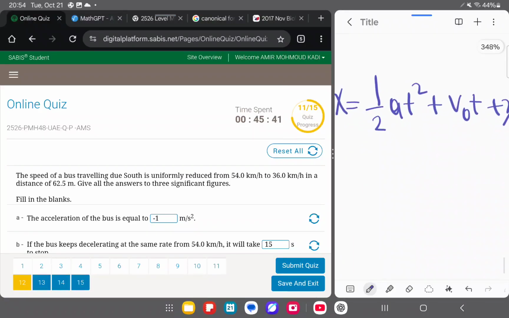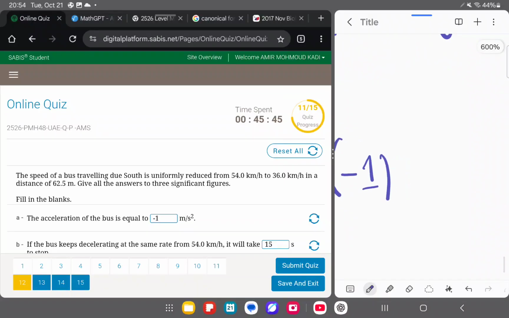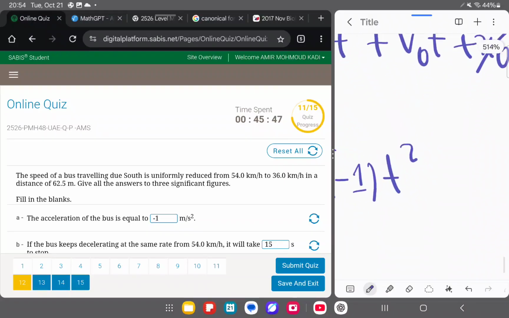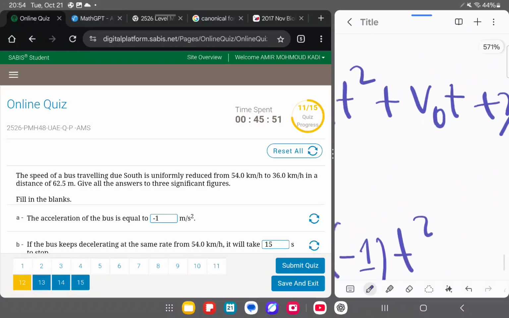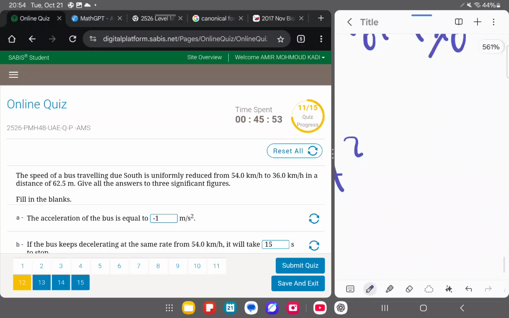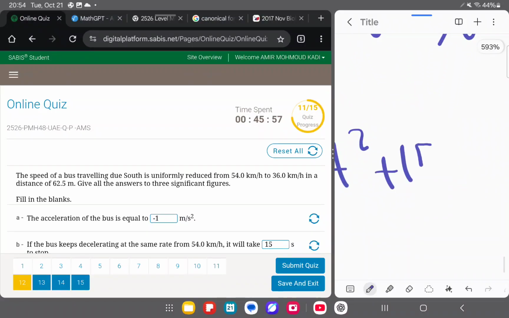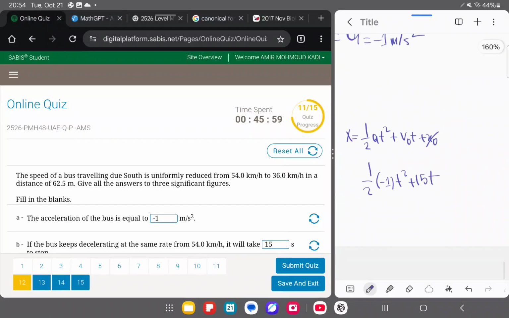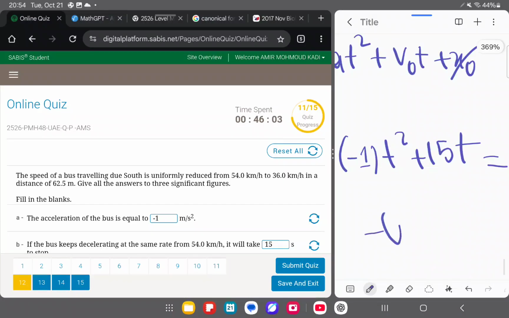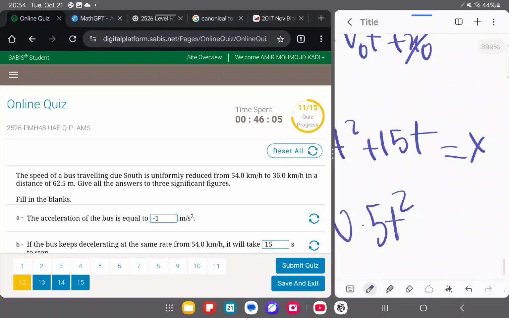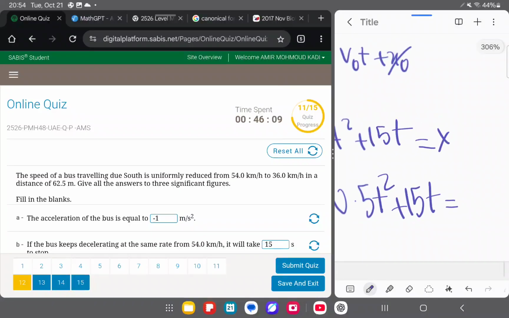And then we'll just put 1 over 2 times minus 1 times t squared. And then v0 is 15, not 54, but 15. We already stated that 54 kilometers per hour is 15 meters per second. So plus 15t is equal to x. So now we have minus 0.5 t squared plus 15t is equal to x.